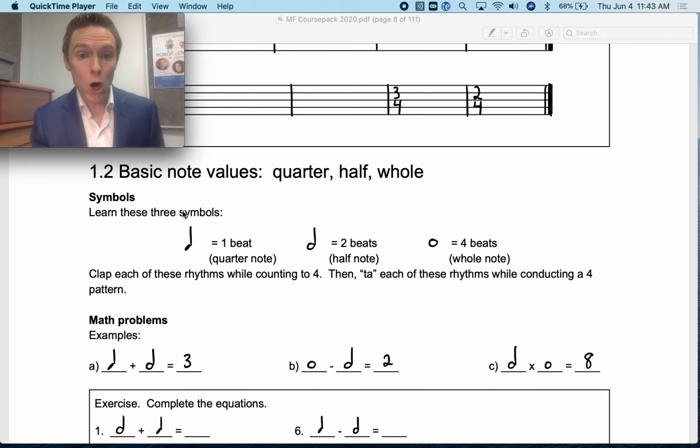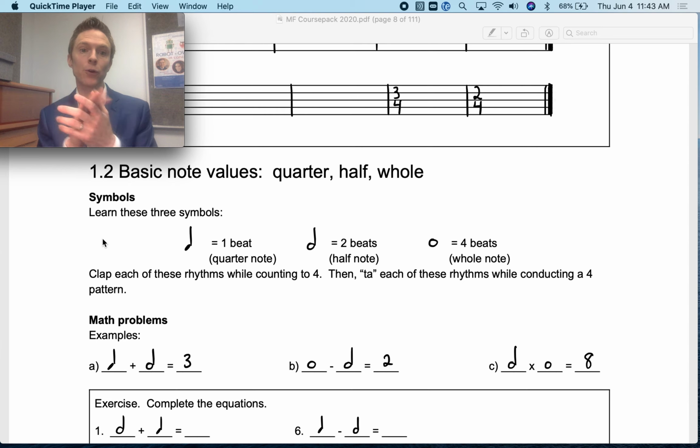Now, since a quarter note lasts for 1 beat, when we're clapping quarter notes, we're going to clap once per beat. So check it out. It'll go like this. 1, 2, 3, 4, 1, 2, 3, 4, 1, 2, 3, 4. So I'm clapping quarter notes and I'm counting to 4. Each clap corresponds to a quarter note, which corresponds to 1 beat.